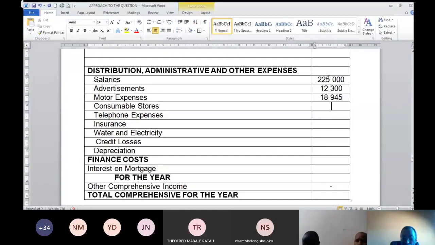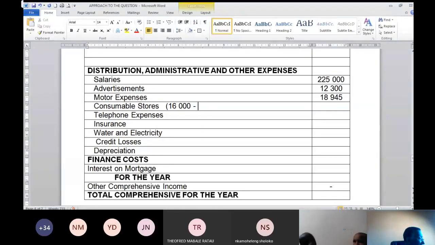I've got consumable stores. But now remember, consumable stores had an adjustment involved. So when there is any adjustment, guys, you need to show the calculations. Remember, in all accounting questions, you must always show your calculations.